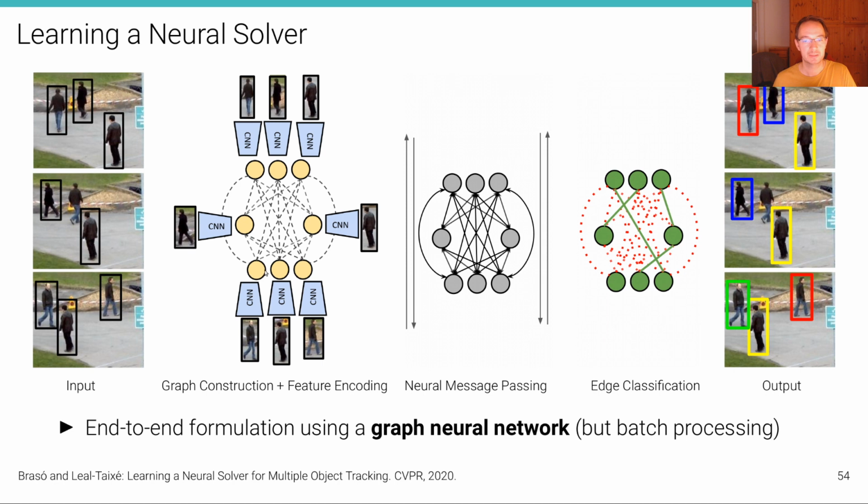And then these feature encodings are processed with neural message passing on that graph. And the problem that's formulated is a simple edge classification problem where edges that are associated to the same track are classified positively. So very simple, straightforward to implement with today's frameworks, and easy to train because it's all end-to-end differentiable.